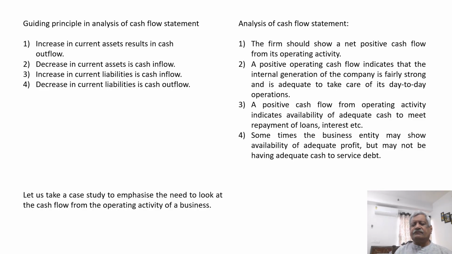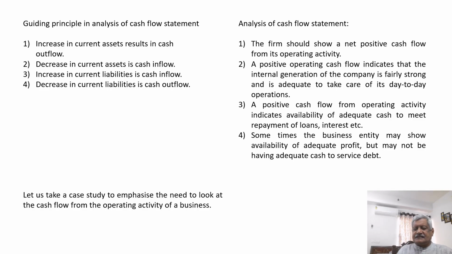So analysis of the cash flow statement ultimately makes us understand the firm should show a net positive cash flow from its operating activity. A positive operating cash flow indicates that the internal generation of the company is fairly strong and is adequate to take care of its day-to-day operations.